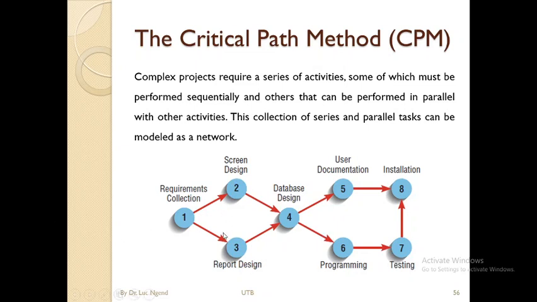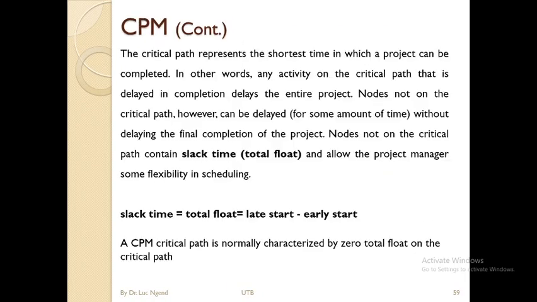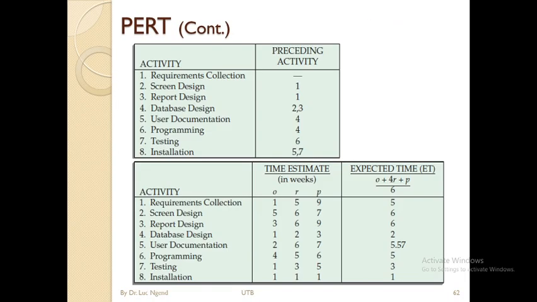So you have a precedence. You are the one to define that precedence. No one is going to guide you. So the first thing you do is you list your activities or your tasks like this: requirement collection, screen design, report design, database design, user documentation, program.